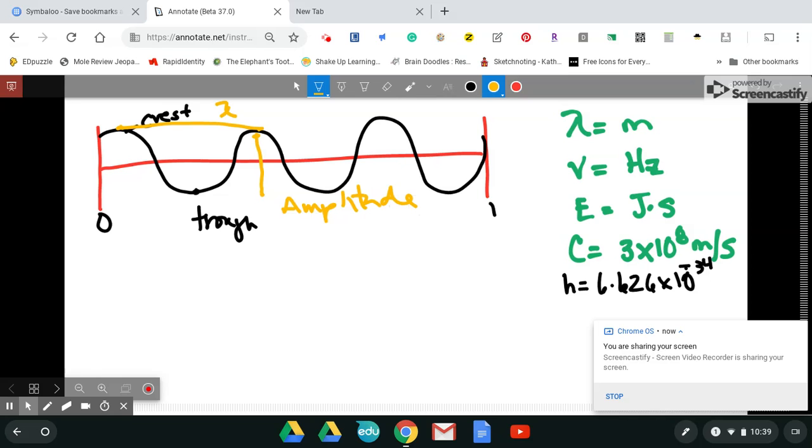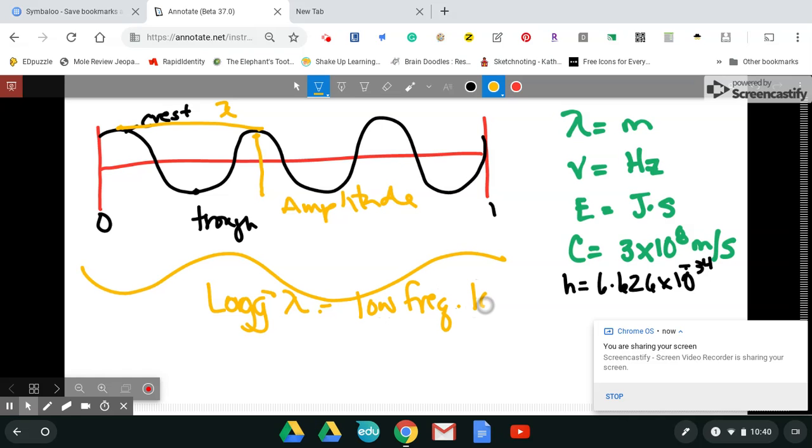Now, what you're looking at when you're doing this is we can determine if something has a very long wavelength. So long wavelength equals low frequency and low energy.